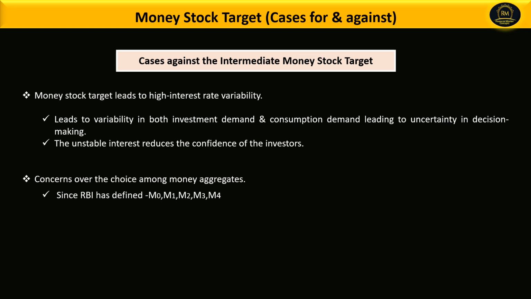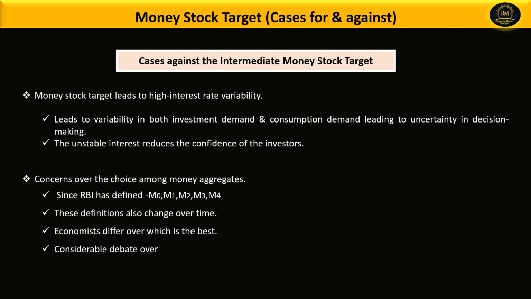But there is concern over the choice among the various monetary aggregates, because these definitions also change over time and economists differ over which is the best. Considerable debate is there over which should be chosen as the aggregate to target, and various measures often do not indicate that the policy is moving in the same direction.